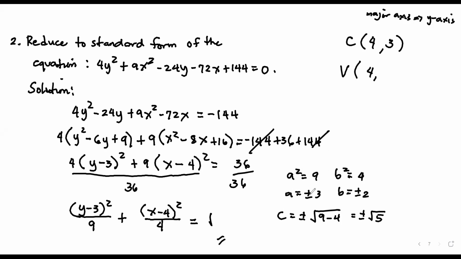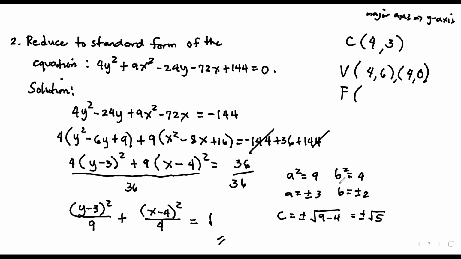So for the vertices, 3 plus 3, 6. 3 minus 3, 0. Okay? 4, 6 and 4, 0. And then, foci.